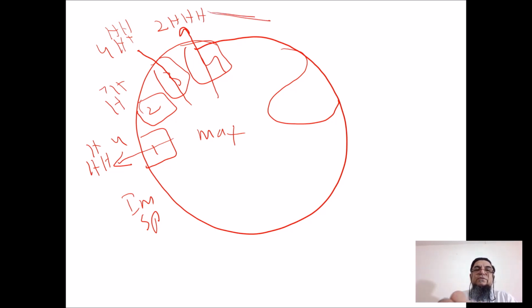And this gradient across the membrane is called the electrochemical gradient, and this electrochemical gradient creates an electromotive force, and then this electromotive force will push the hydrogen through the F0F1 complex.